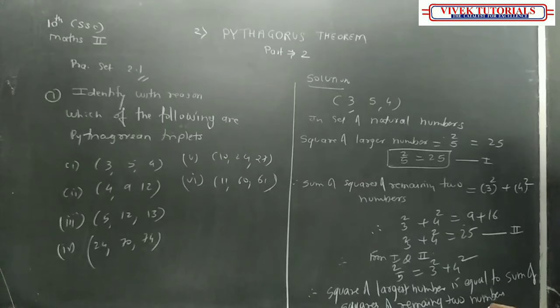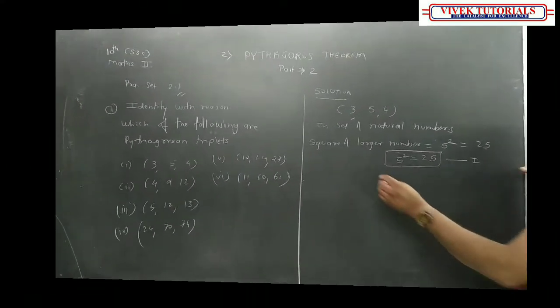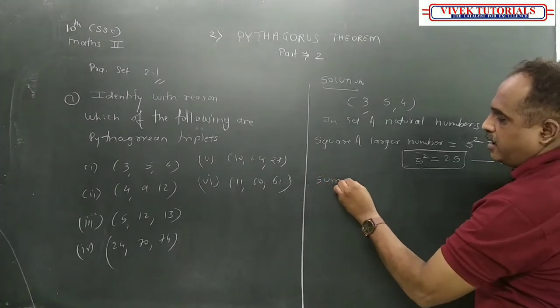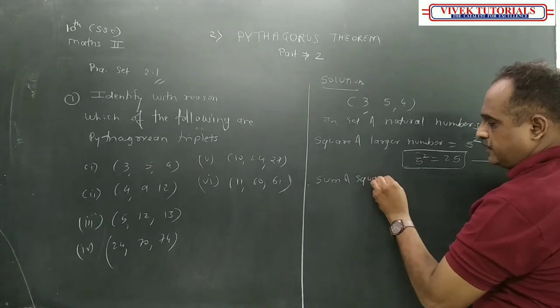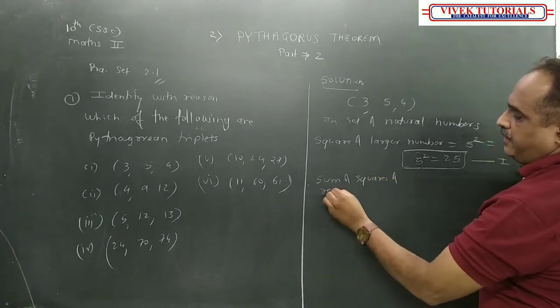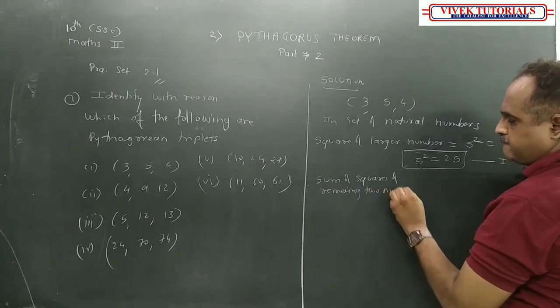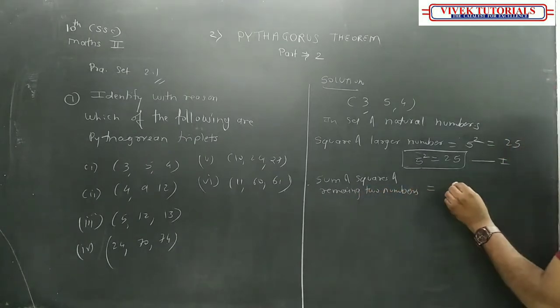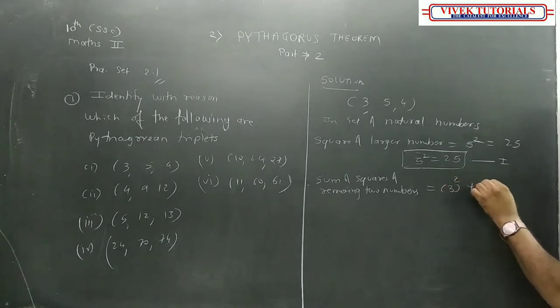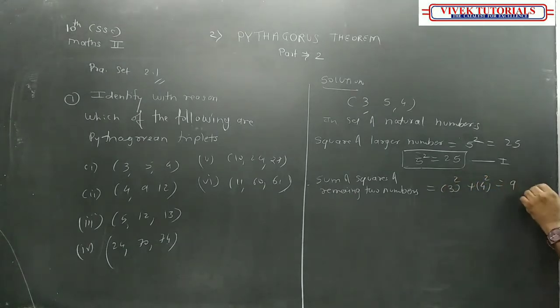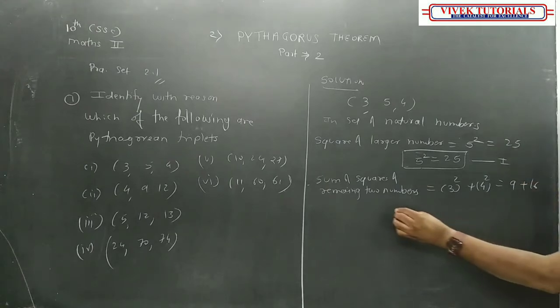Therefore, 3, 4, 5 is a, you can write here. Wait. Now, sum of the squares of remaining two numbers is equal to 3 square plus 4 square is equal to 9 plus 16.